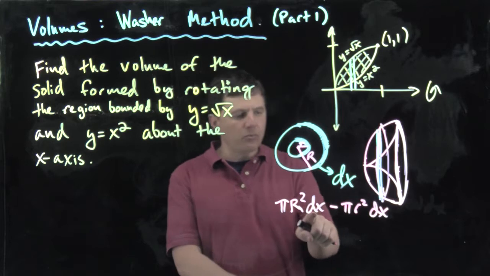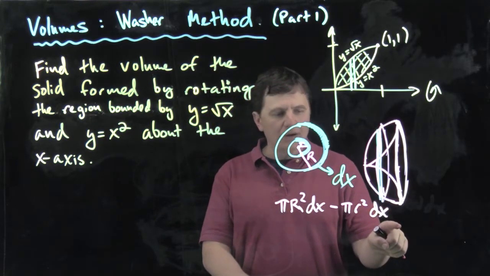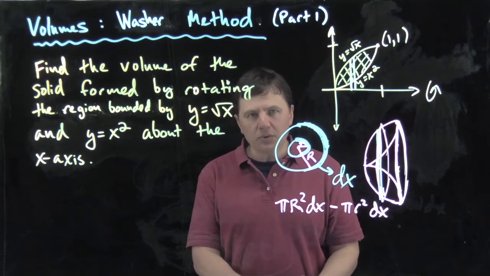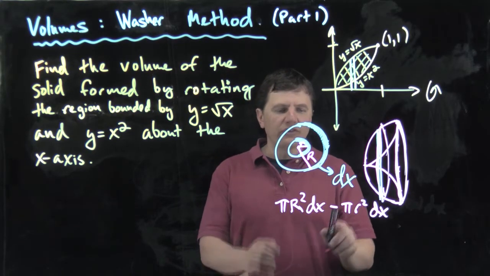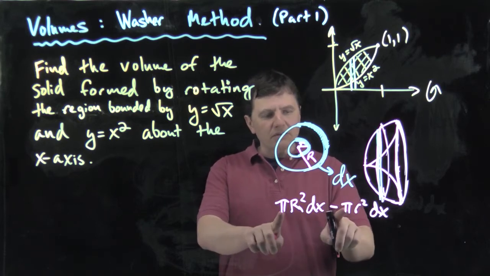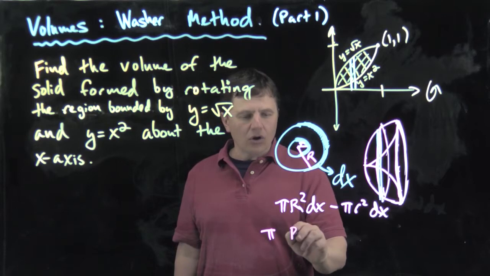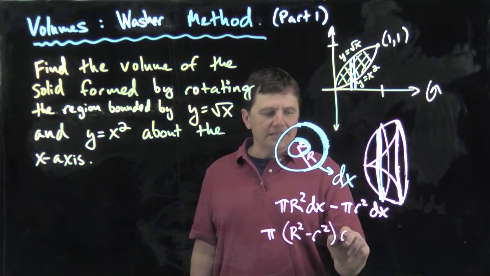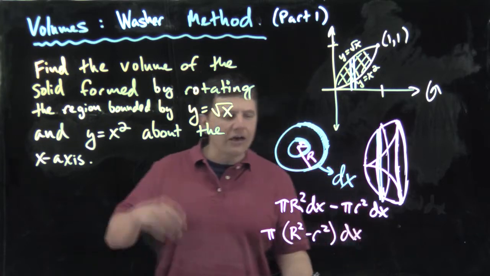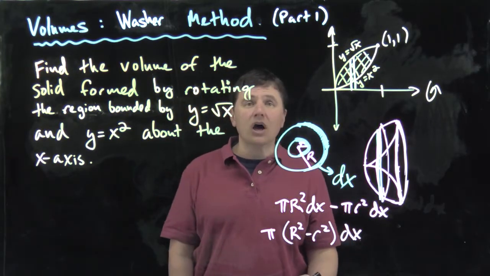Okay, so that is going to give us one of those things. Now, just a couple things I want to point out is that dx is in both of those, so we're going to factor that out. You could actually do this as two separate integrals. It's just not what we typically do, but it certainly works. So basically I'm going to bring the pi out, okay? And I'm going to get big R squared minus little r squared, and then dx. So that's going to give us the volume of one of these washers.